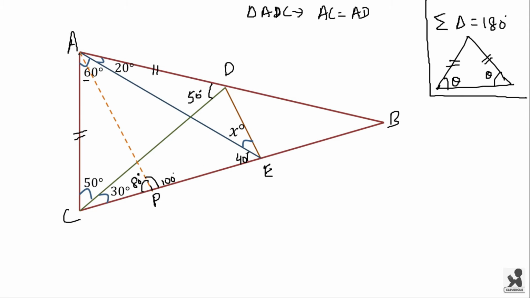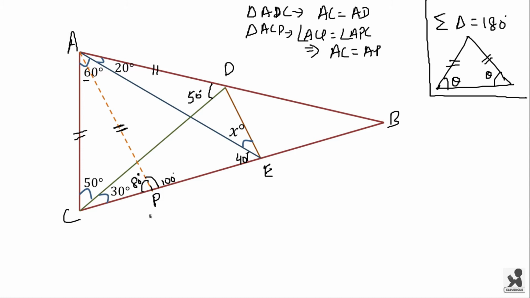And now if you consider triangle ACP, angle ACP is equal to angle APC. From this we can deduce that the length of AC is equal to AP. This is also simple to understand. Now let us move further.